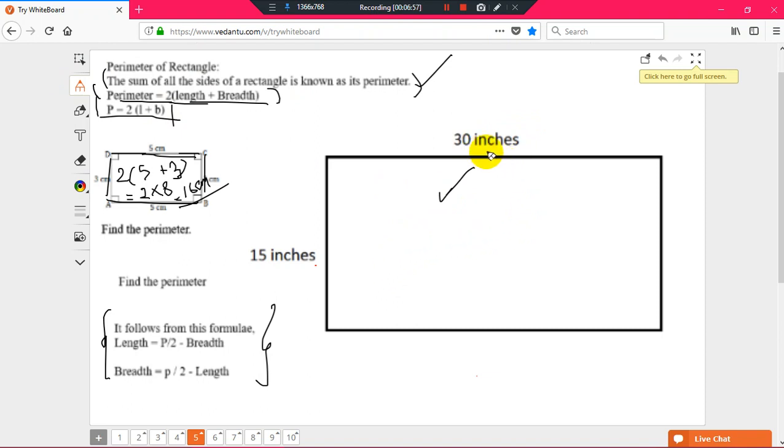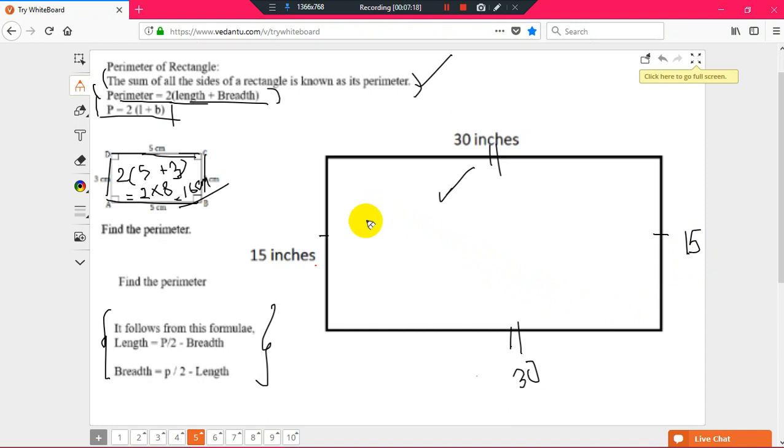For this one, they have given only 2 sides. How is it possible to find the perimeter? We already know that a rectangle has opposite sides equal. So if here is 30, again here is 30. If here is 15, again here is 15, right?